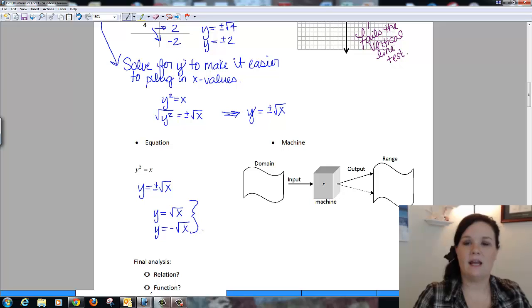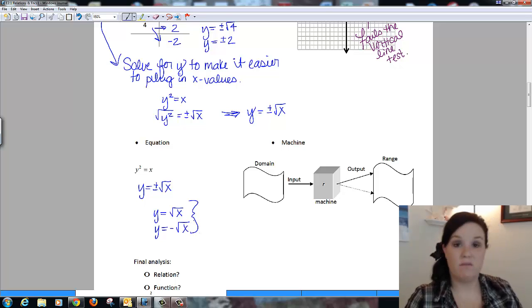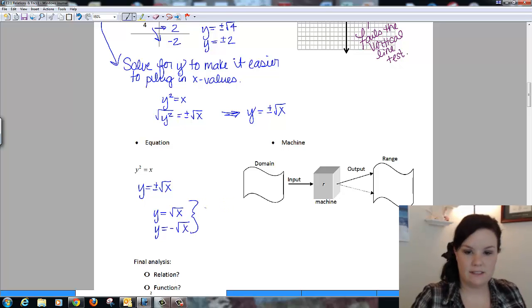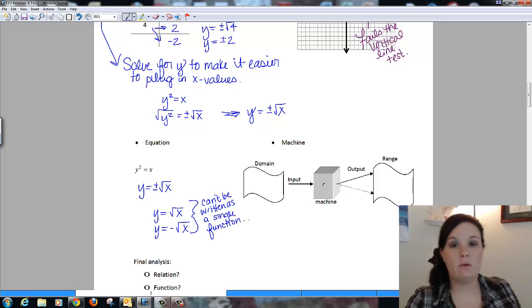So notice I can't write just my one outcome as one function. So I'm going to say this can't be written as a single function. The only way we could write it with a single function is to use plus or minus, but again, plus or minus gives us two answers.